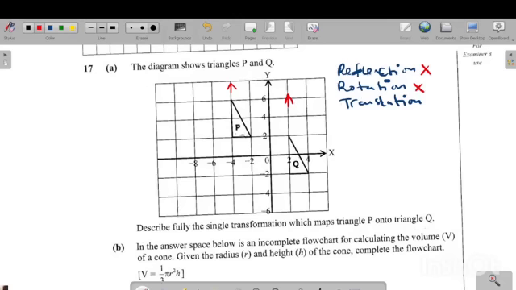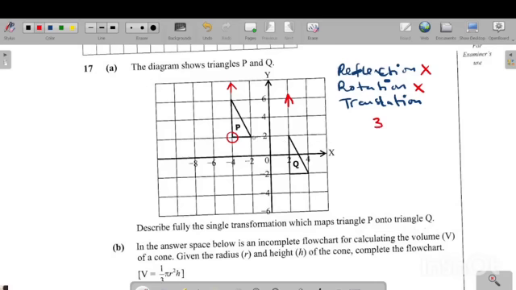So this is a translation. Why is it translation? Because look at this. This is the object and this is the image. Let's look at this point. Let's translate this point onto this. So we are moving 1, 2, 3. So we've moved 3, because moving to the right is positive 3.